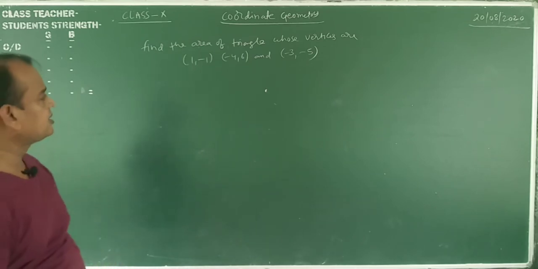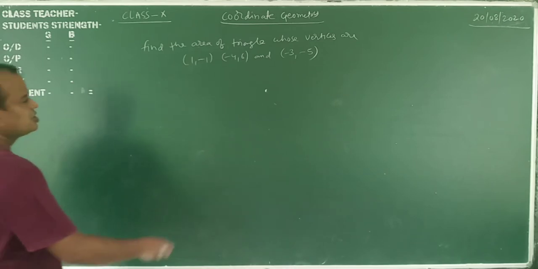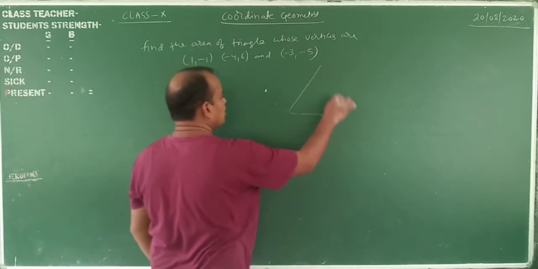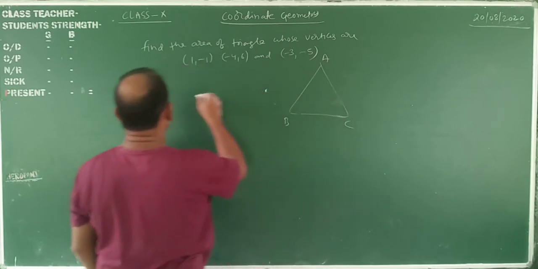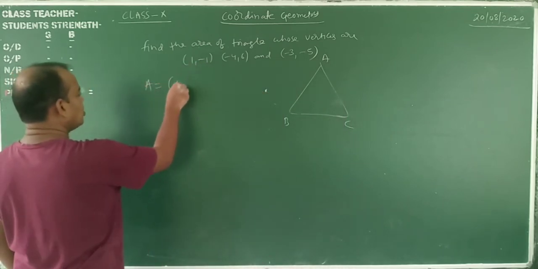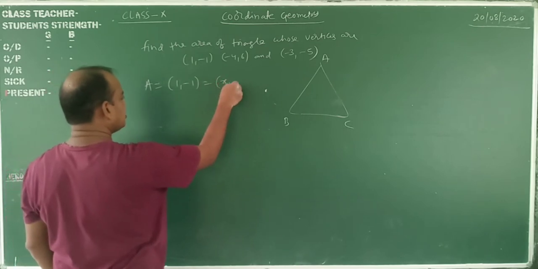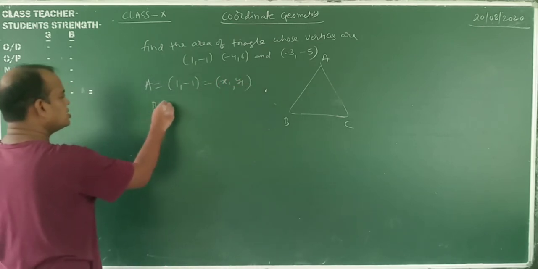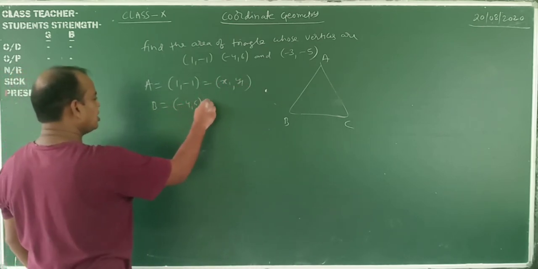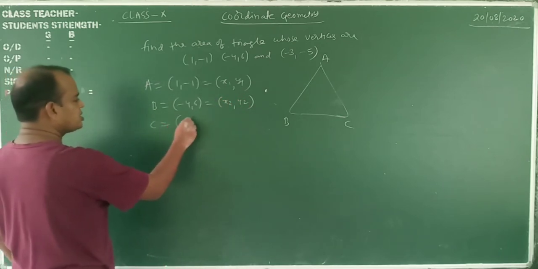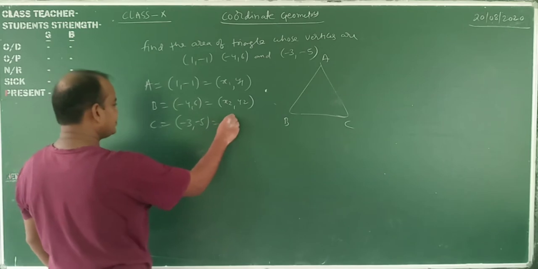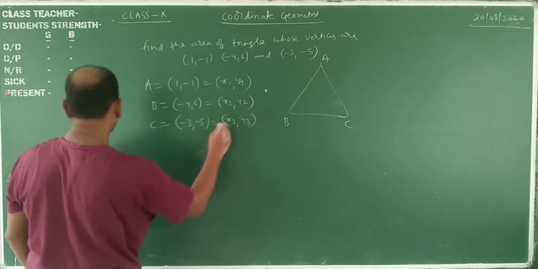Okay, my dear students, now this is the triangle you know very well. Suppose this is A, this is B, this is C. Now A is 1 comma minus 1, that is x1 y1. B is minus 4 comma 6, that is x2 y2. C is minus 3 comma minus 5, that is x3 y3.